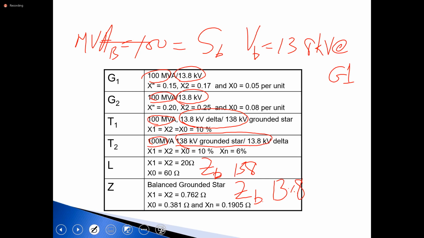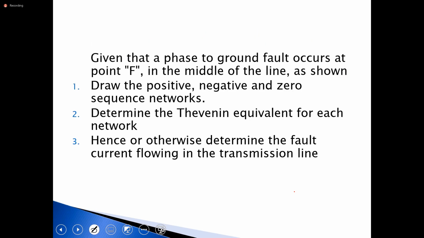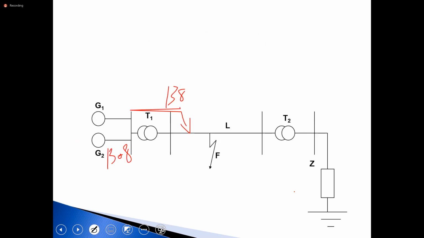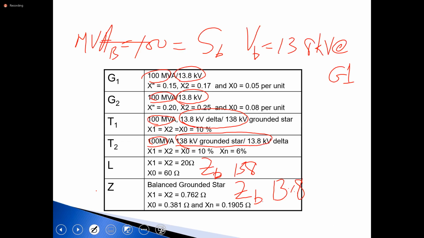Now we draw our network. Remember, we are just redrawing the original network, and we are replacing each component by its symmetrical equivalent. I start by drawing the positive sequence.